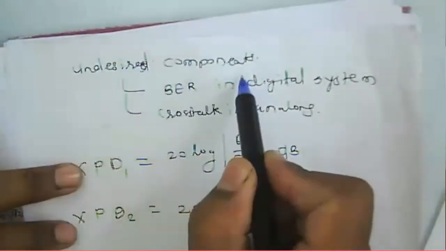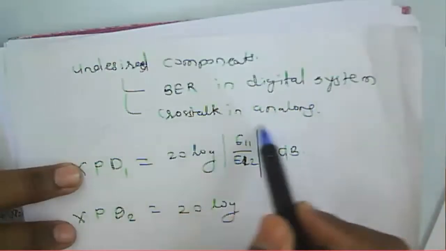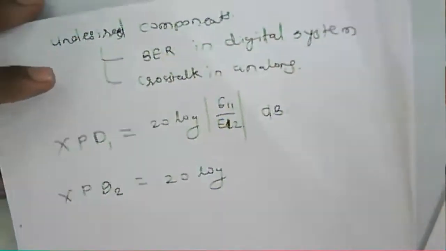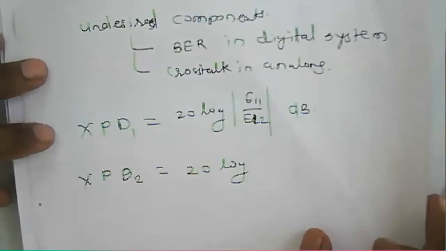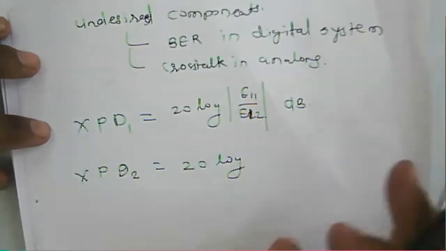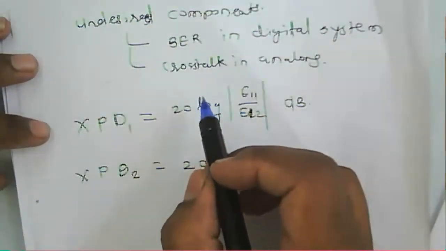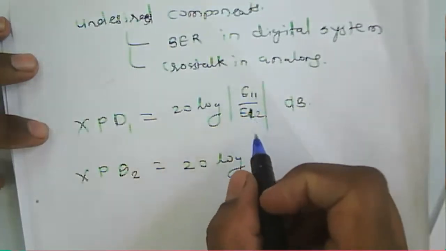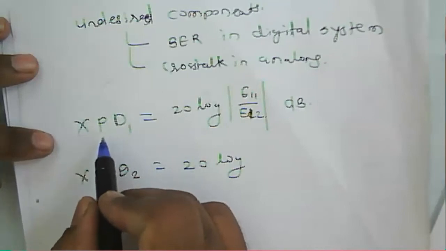So you can say the undesired component causes BER in a digital system and crosstalk in an analog system. Now from the desired component and undesired component, we can find the cross polarization discrimination factor.